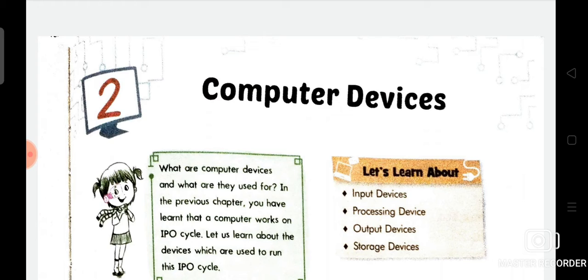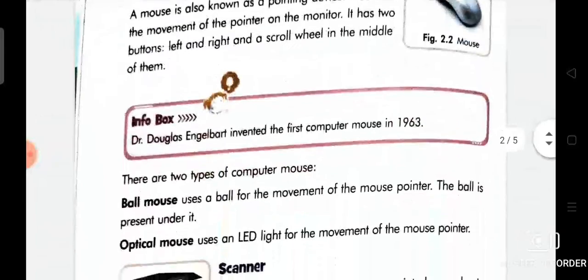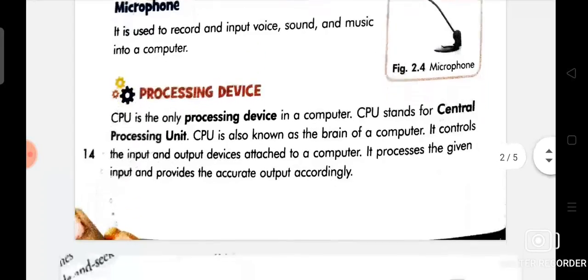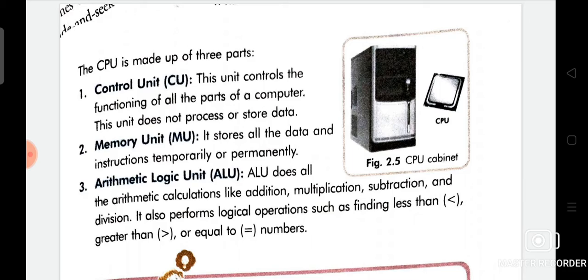So dear students, as you know very well, today we are going to read about a new topic from chapter number 2, that is computer devices. We have already read some important topics about input devices: keyboard, mouse and types of mouse, scanner, microphone, processing device, and that the CPU is made of 3 parts.